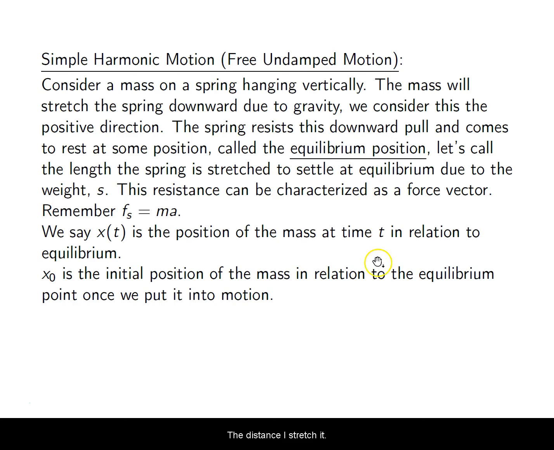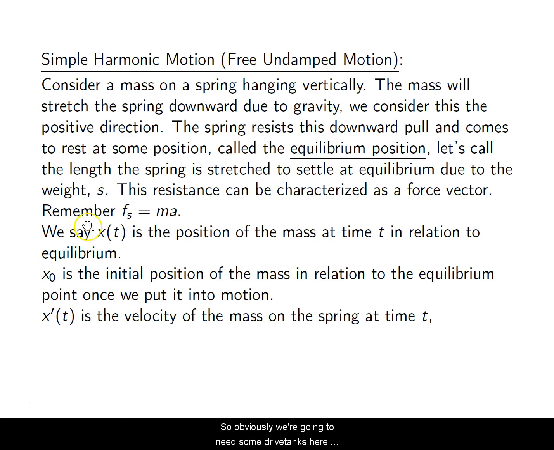The distance I stretch it, that is my x naught position. Okay, so it's the distance that I'm pulling or compressing my mass in relation to the equilibrium point, not the compression point of our spring when there's no mass attached. This is once we attach the mass and it's in equilibrium, and then we start to put things into motion.